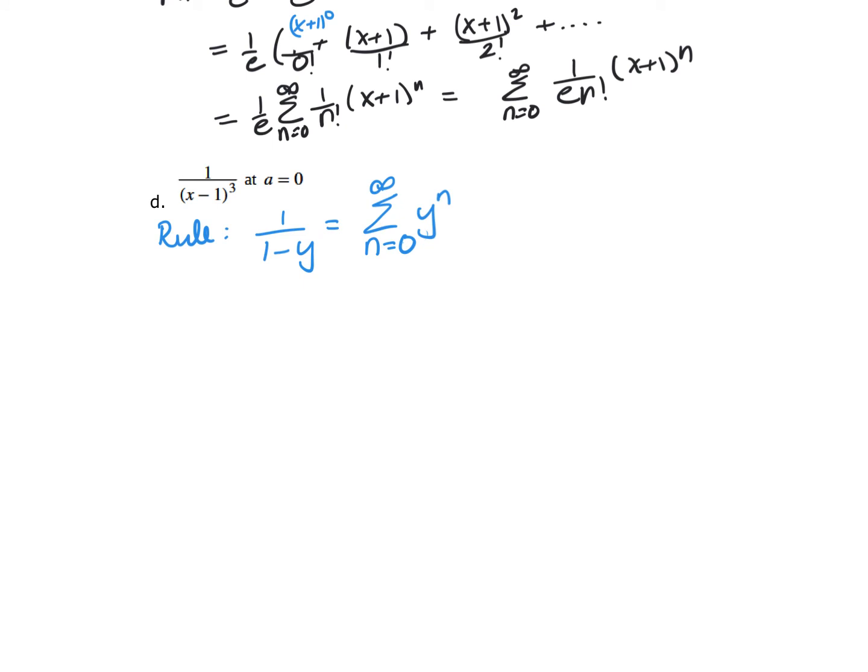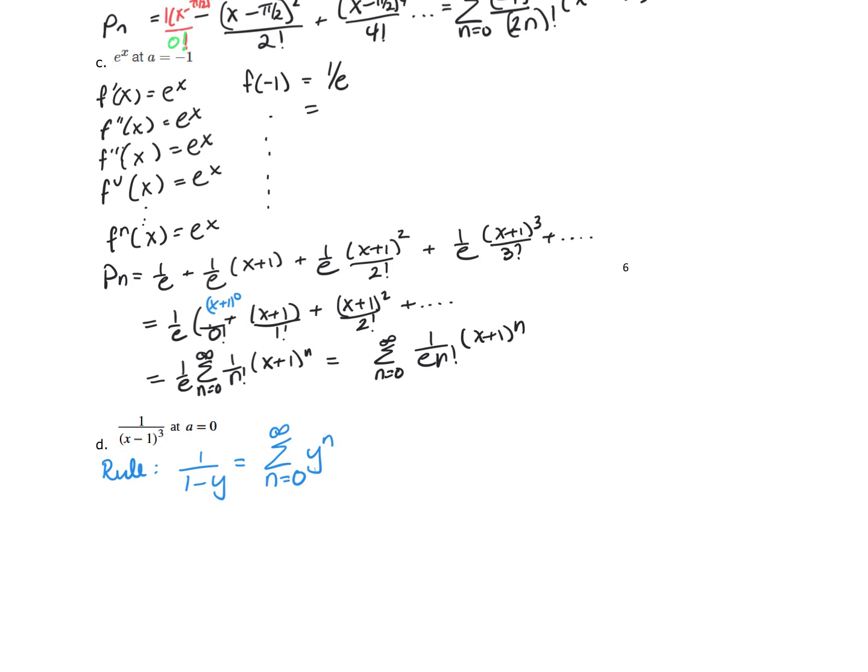Now my goal, every time I'm doing this, is I'm trying to take something that is not a series and turn it into a series. As an example, e to the x can be rewritten as this series if I'm centered at -1.